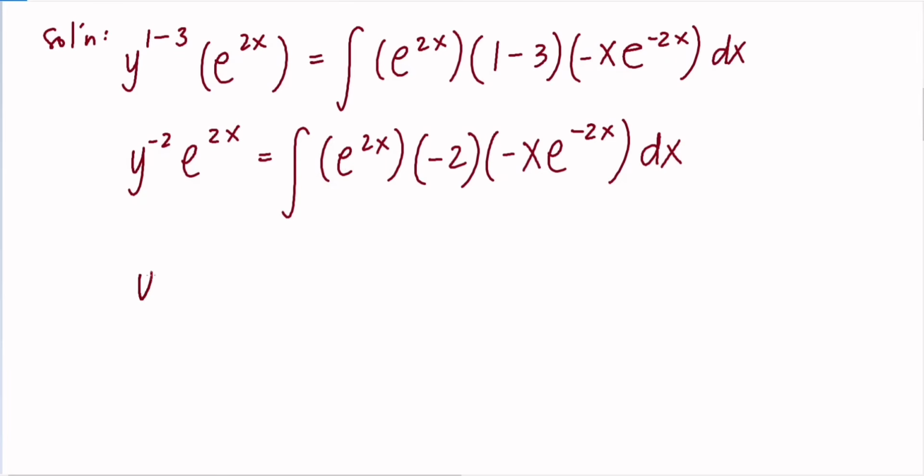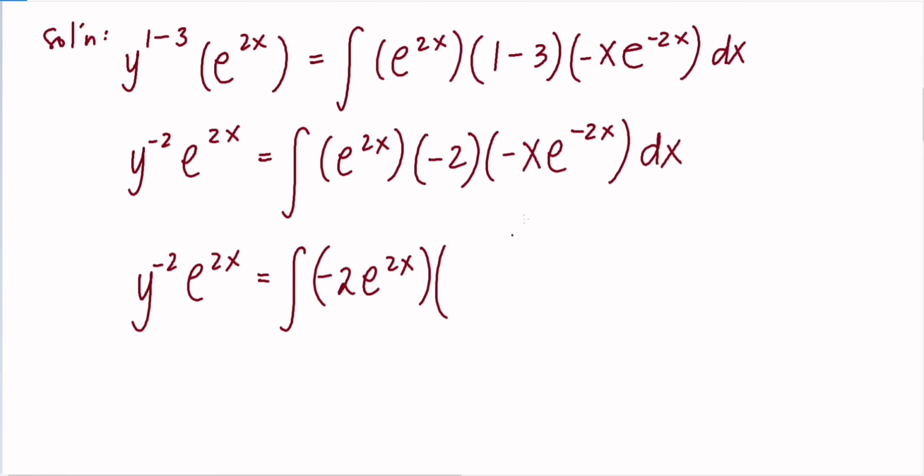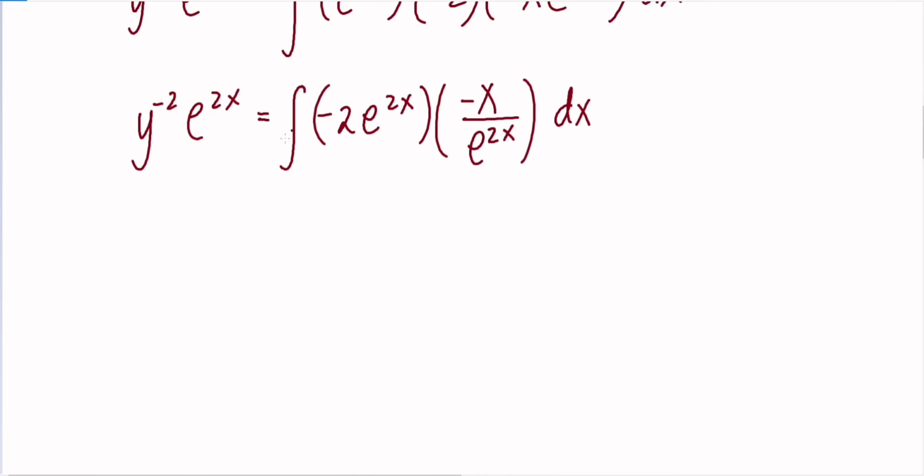So ito guys, y raised to negative 2 e raised to 2x equals, ito guys, negative 2 times e raised to 2x would be negative 2 e raised to 2x. Okay, times, ito, negative x. Okay, itong e raised to negative 2x, pwede nyong i-write yan na negative x over e raised to positive 2x. Ayan, makakancel siya. Dx.